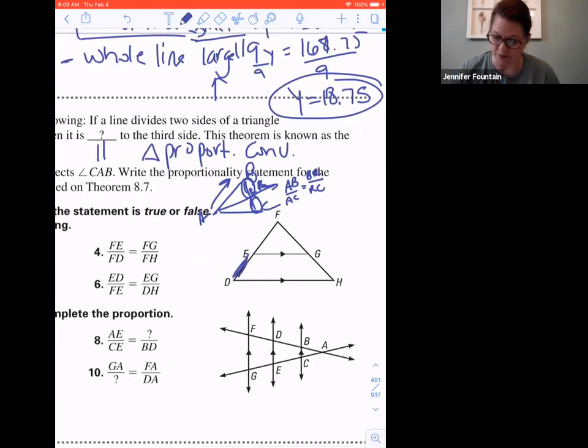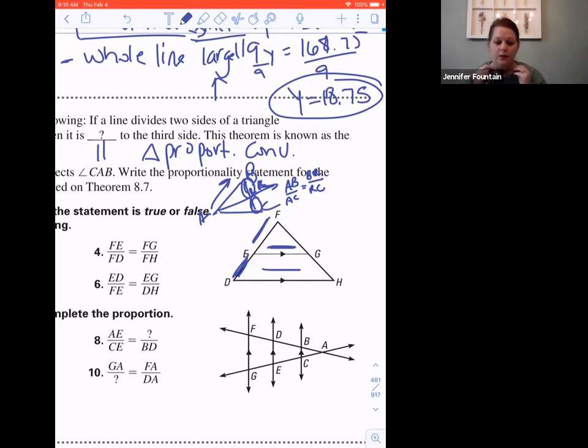And then finally, ED to FE as EG to DH. And that's what I was trying to do a minute ago. And that is not true. I can't take part over part to parallel over parallel. I can only do part over whole to parallel over parallel.